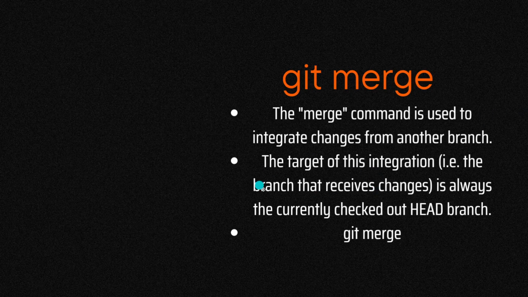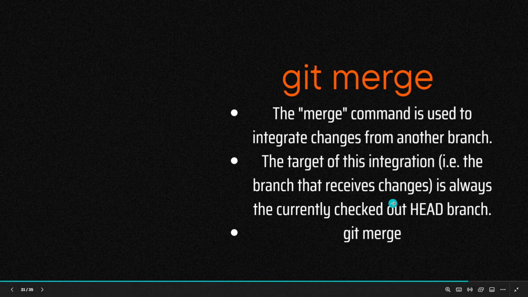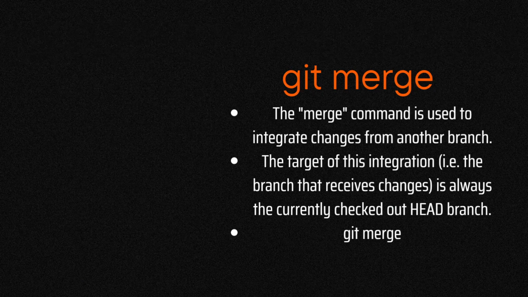The target which receives these changes is always the one that you currently have checked out. So if I want to merge homepage to the main branch, I need to be checked out in the main branch. So I do git merge homepage. And then the homepage branch will be merged to the current branch I'm in, which is the main branch, for example.